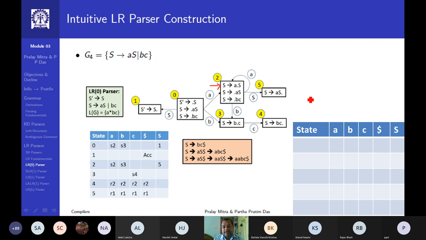Since the dot has reached the end, I have nothing there. Now, if I see A, then I will have S derives A dot S, which is nothing but the second state. That's why there is a self loop.